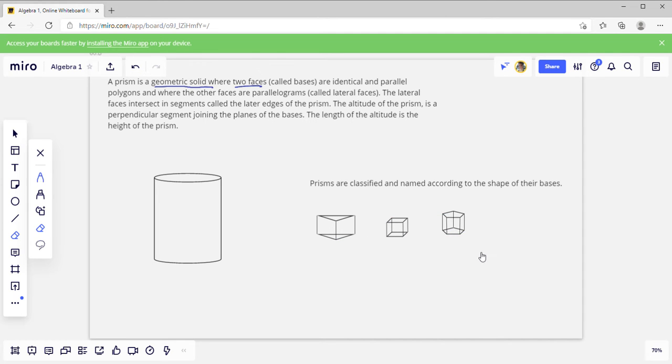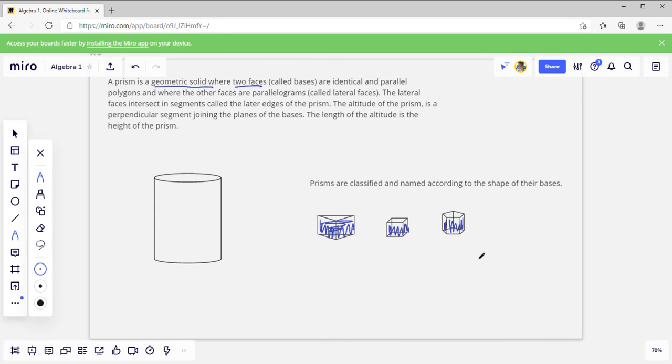It says they're identical and parallel polygons, where the other faces are parallelograms called lateral faces. So that's going to be our up and down part, this part, and then across the back. Those are your lateral surfaces. Lateral meaning up and down.